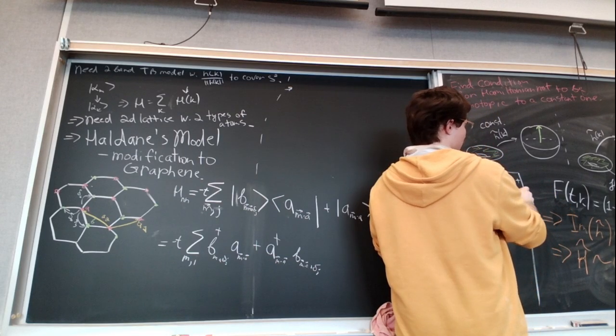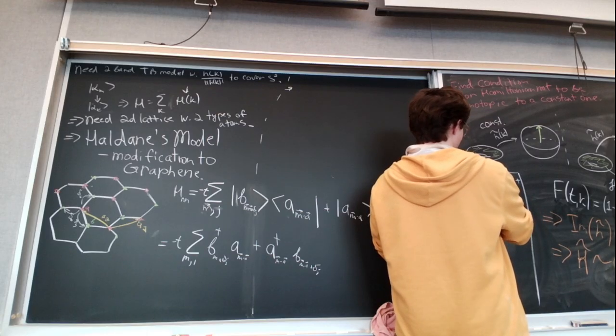There was a minus here because there was no minus for the other one. And then I have a 1 over root n, but it drops out at the end.